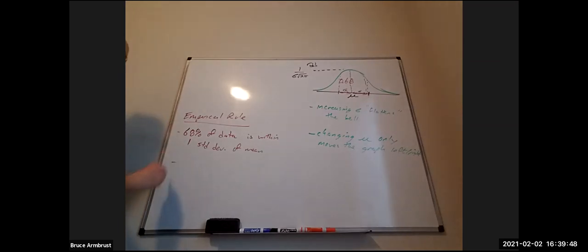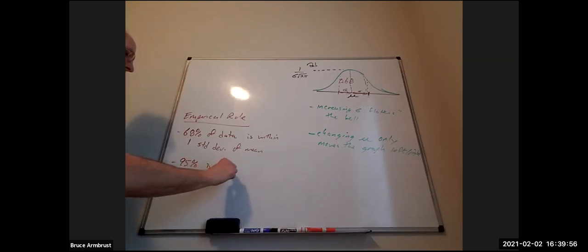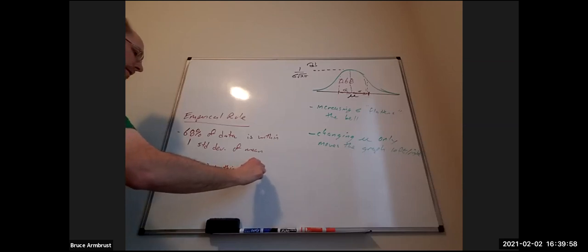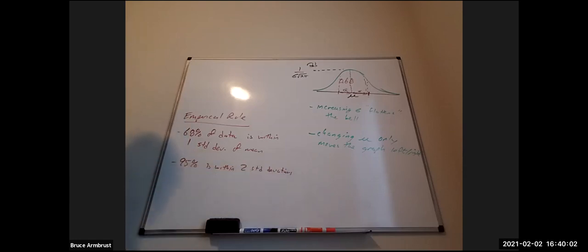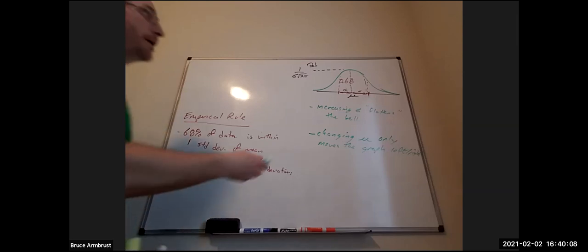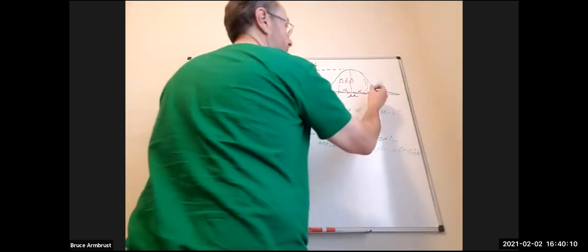If we go to 2 standard deviations, this was 95%. All right, so on the graph, let's say we go out another standard deviation.